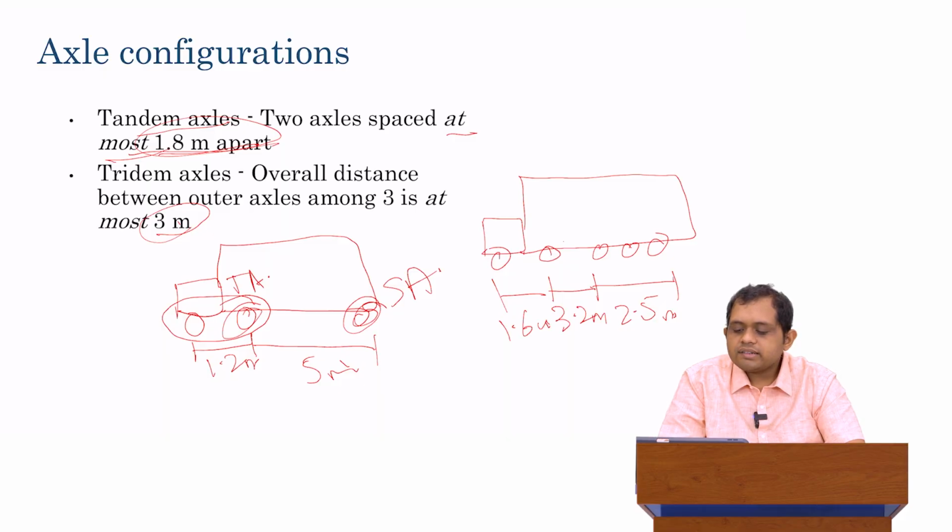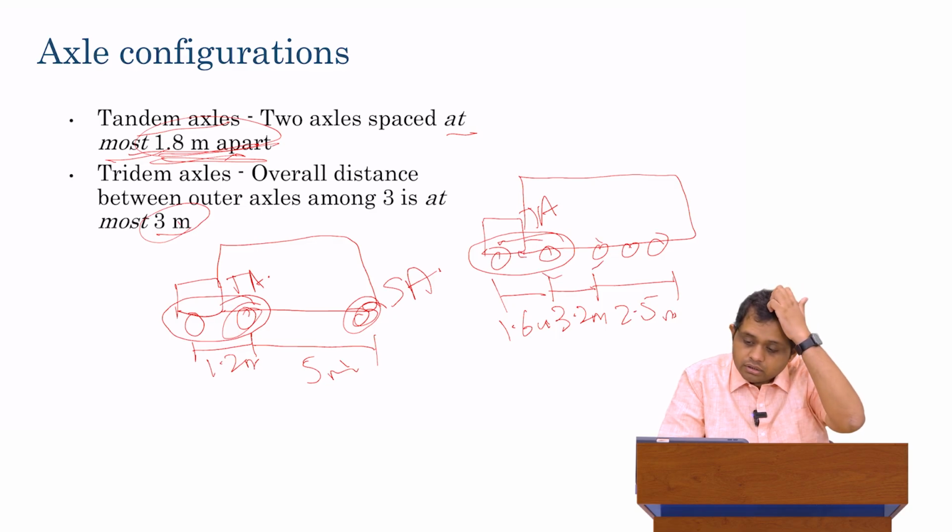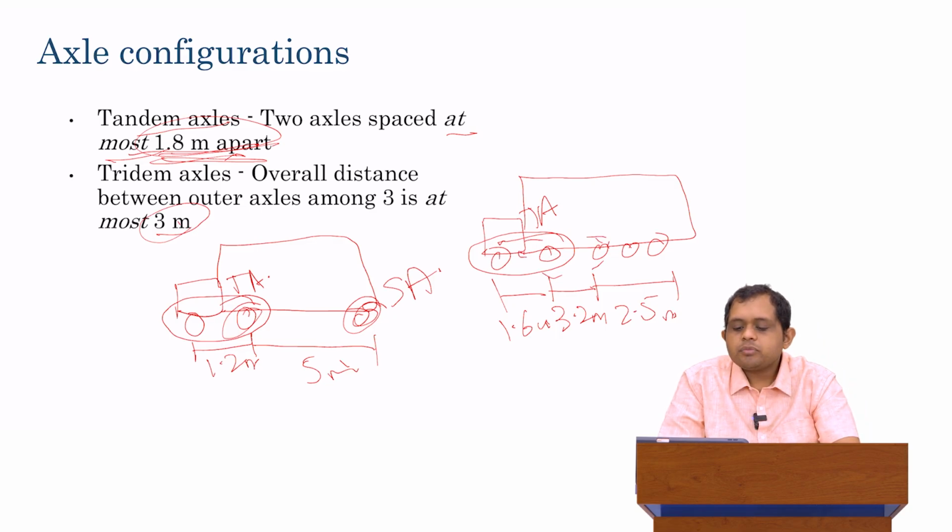What we see over here is that we have these two axles. They are spaced less than 1.8 meters apart, and therefore this might be a tandem axle. These two over here, the second and the third one, are spaced more than 1.8 meters apart, so they're definitely not part of a tandem axle group.